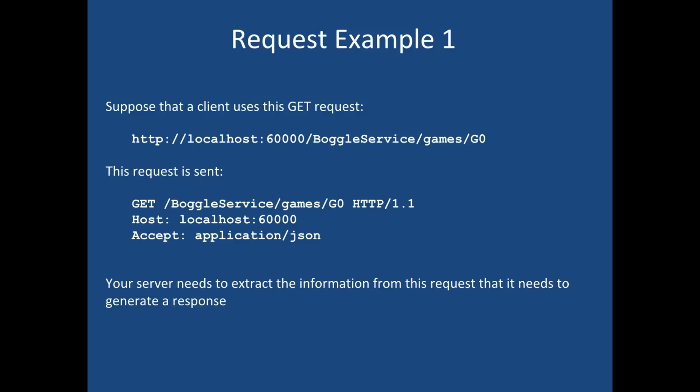You could write a regular expression. So you've got your choice of ways. You'll always need to know what the verb is. You'll always need to figure out what that thing is, whatever comes after boggleservice. Based on that, there may be extra parameters in the URL, and there may be parameters in the body. You just have to figure out which case you're in and deal with it. But you've only got 5 cases. You only have 5 endpoints to choose from.